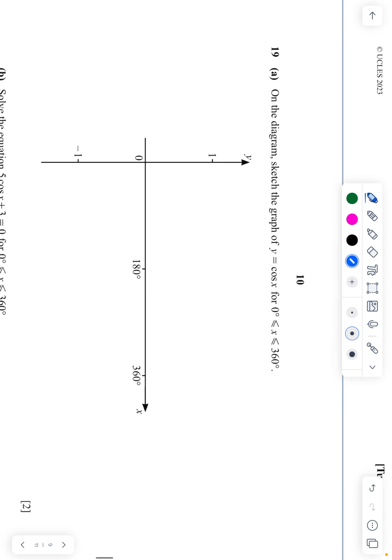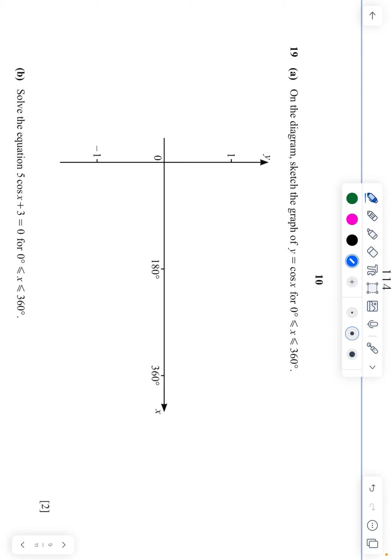Now let us see question number 19. On the diagram, sketch the graph of y equal to cos x, and the domain is given 0 to 360, which means this is basically one period. Okay, so I'm going to draw carefully.